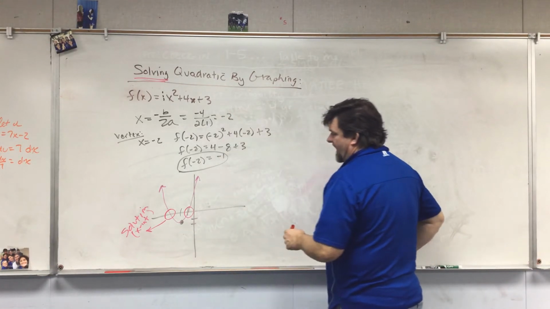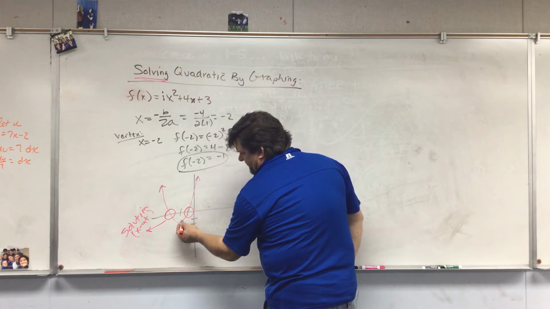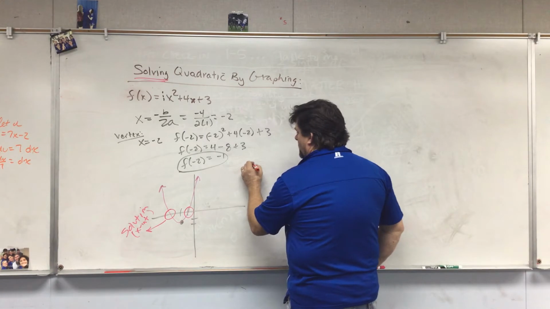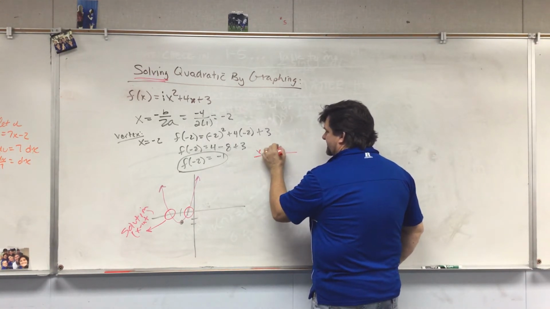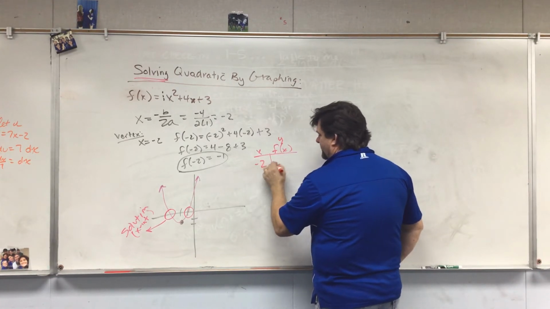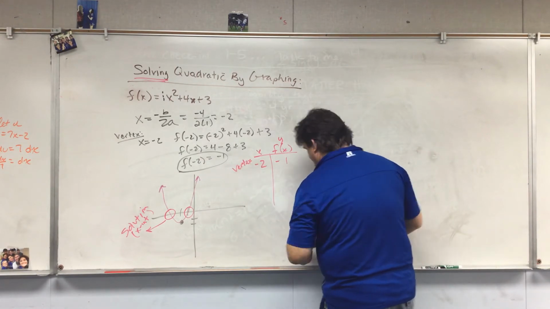So if we're going to do it by graphing, I can start testing numbers on the left and on the right of this thing. If I did an input-output table, I get x and I get f of x, or y. If I plug in negative 2, I get negative 1, and that's my vertex. It's always nice to work with that.